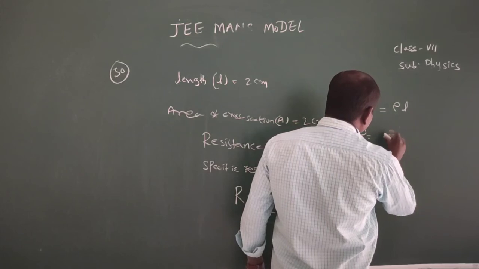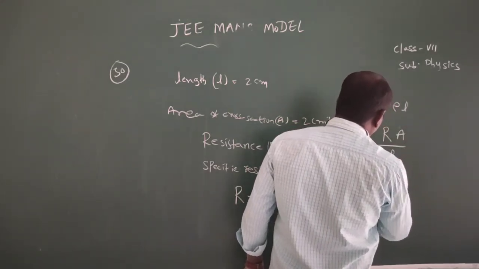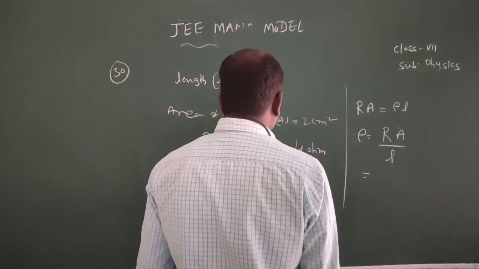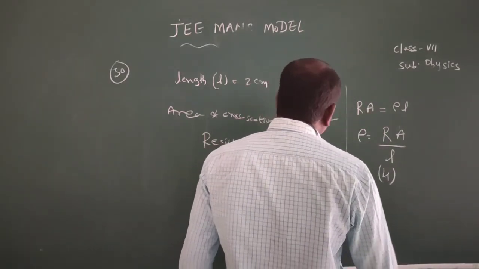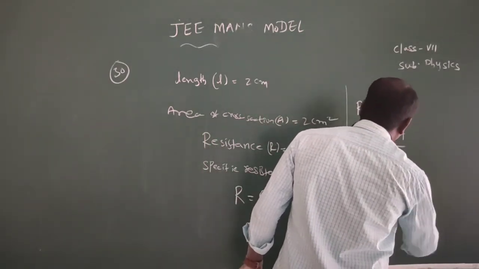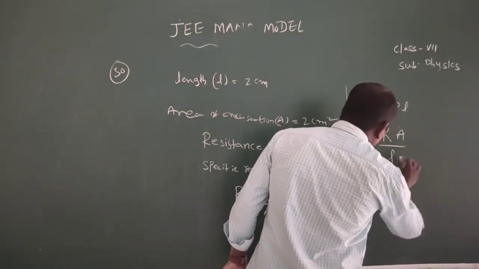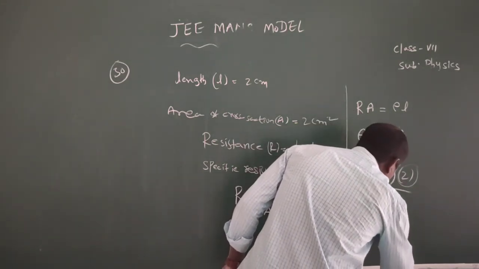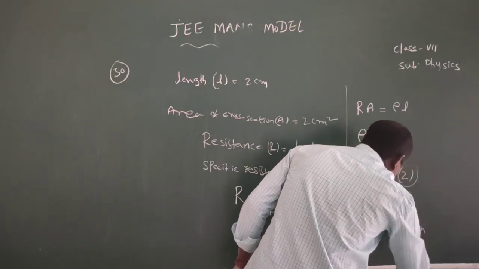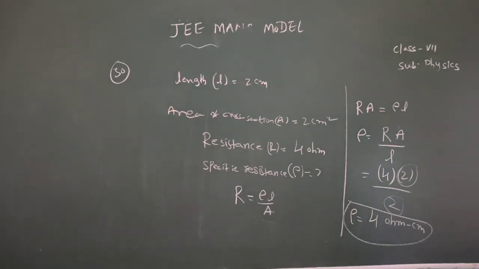So specific resistance equals resistance into area of cross section by L. So R equals 4, A equals 2, by length 2. So 2 gets cancelled. So specific resistance equals 4 ohm centimeters.